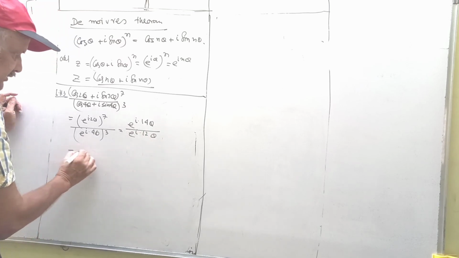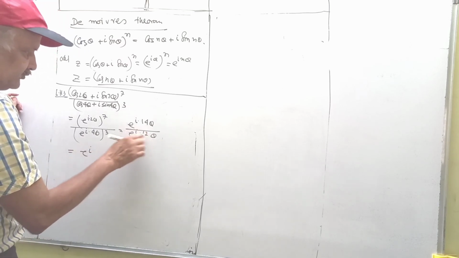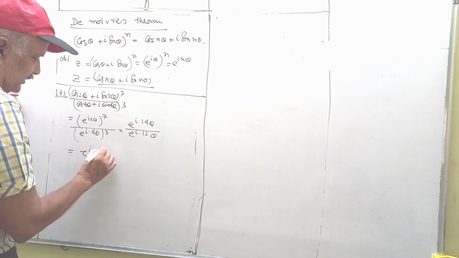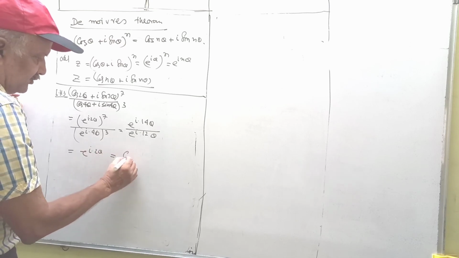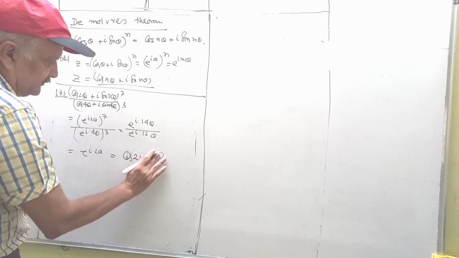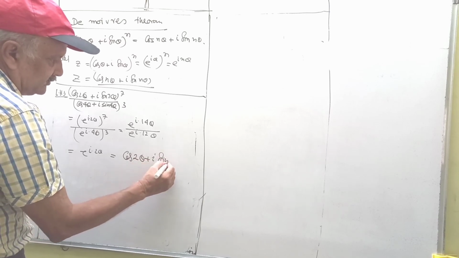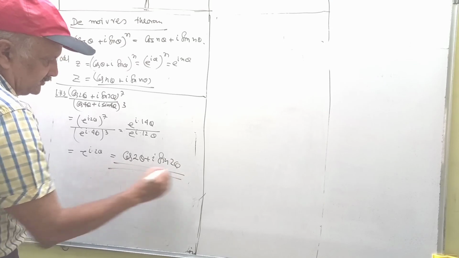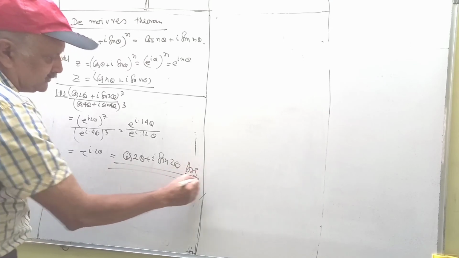So you are getting i into (14 minus 12), that is 2 theta. That means cos twice theta plus i sin twice theta. After simplification, this is my answer.